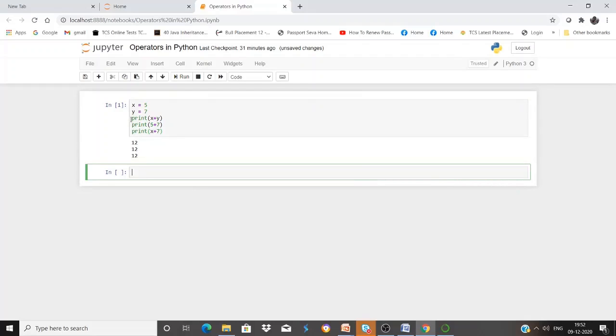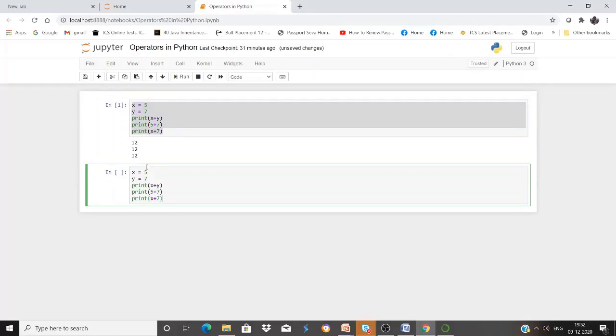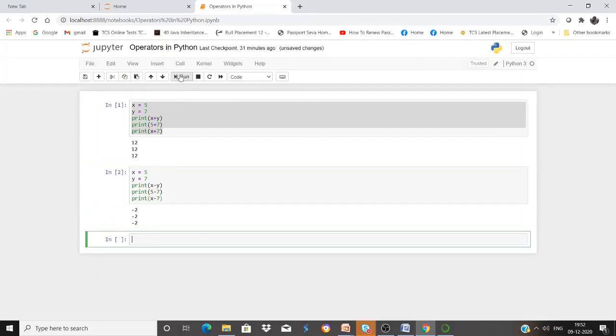The same goes with multiplication, division and subtraction operators as well. So let's try those out. Let's try out the subtraction operator, and run the cell again, and we get the expected output.